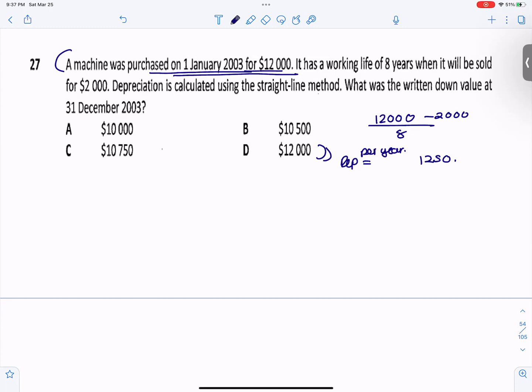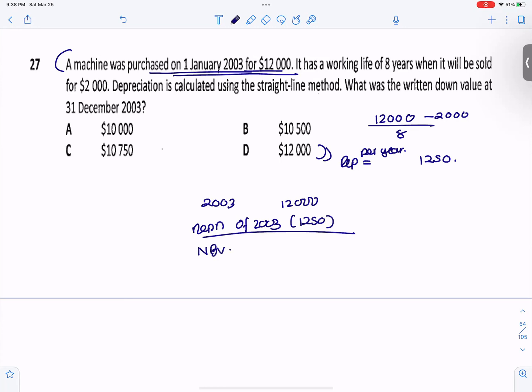In 2003, he had purchased it for 12,000. So depreciation for 2003 will be how much? 1,250. So what is the written down value or the net book value at 31st December?